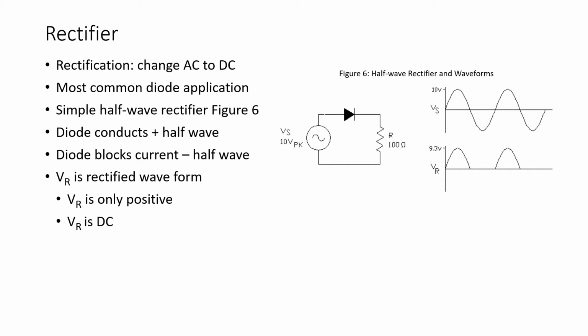It's simply a sinusoidal waveform with a peak value of 10 volts. During this positive half wave, from here to here, the voltage source is positive to negative. The diode will be forward biased and we will have current flow through the resistor.